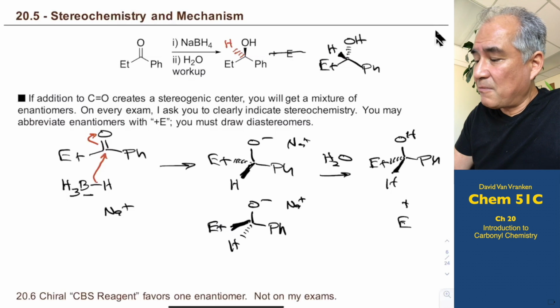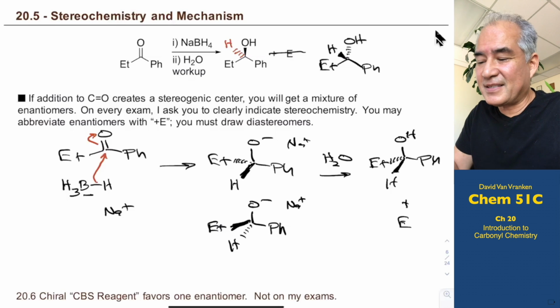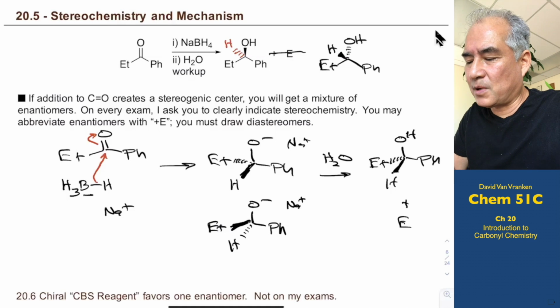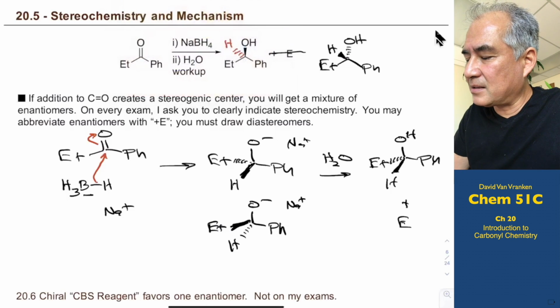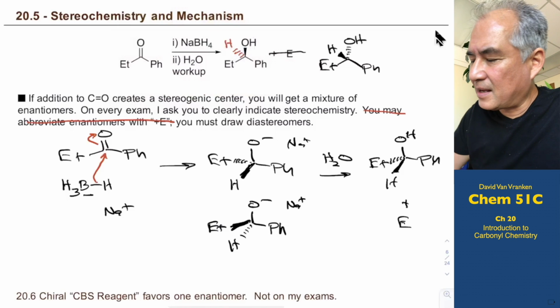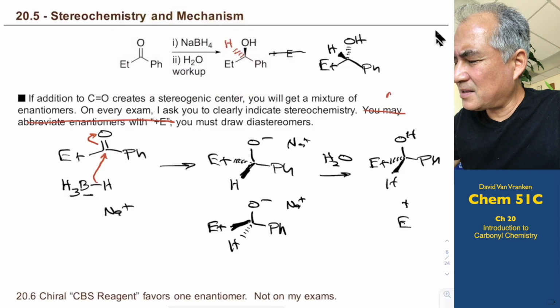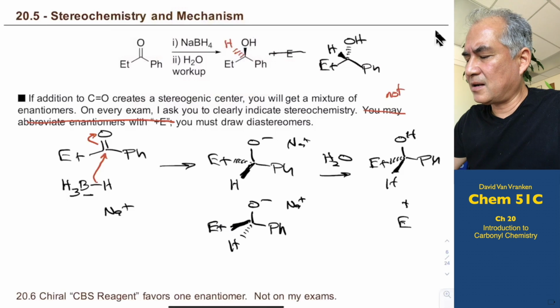Now, I wrote here that you may abbreviate enantiomers with plus E, but that doesn't work on this Sapling online homework system that we're using. So let me go ahead and take that out here just to be clear that you can't do this on Sapling. You may abbreviate enantiomers with plus E. I'll just write, because this quarter we're taking our exams remotely using this online system, not on Sapling.